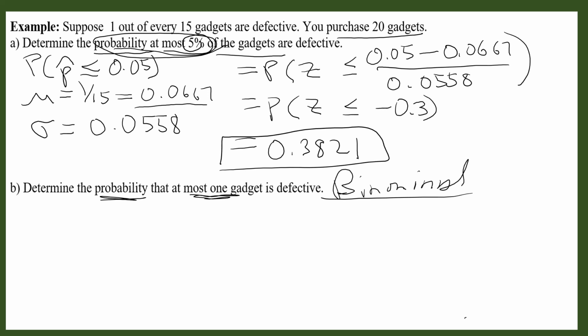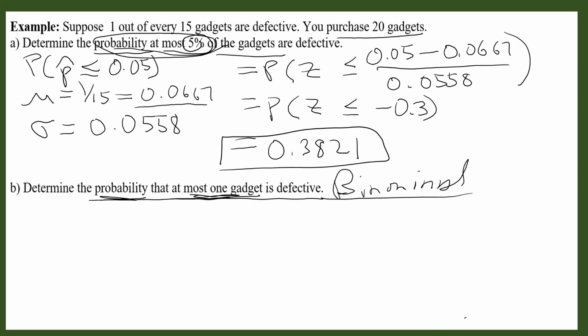At most one gadget. Okay? At most one gadget is 0 or 1. So you can use that formula twice. I don't think that's bad, but I'm going to walk you through the normal approximation just to do it. Okay? So again, be careful. All of a sudden I went from a percentage to counting.